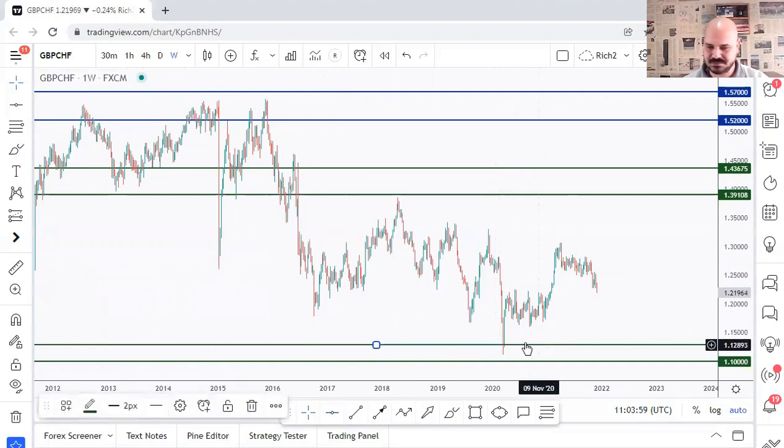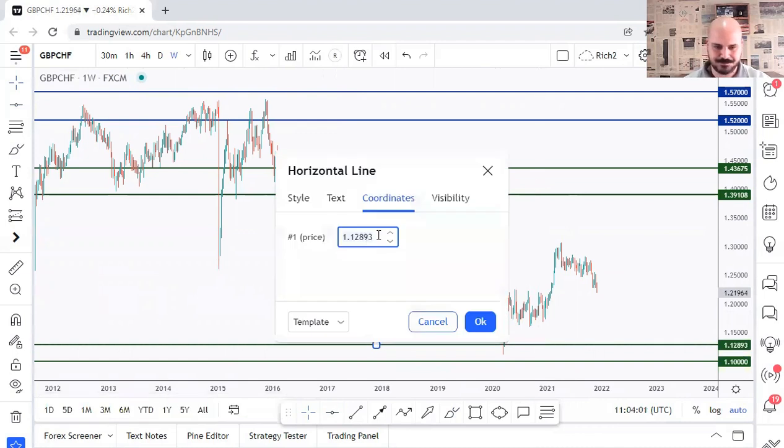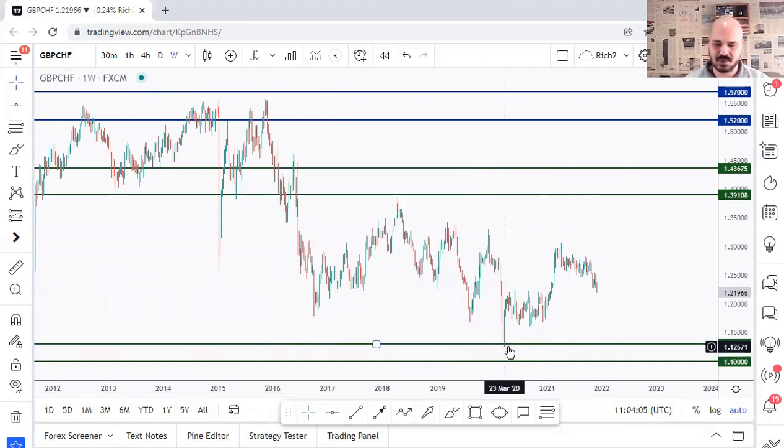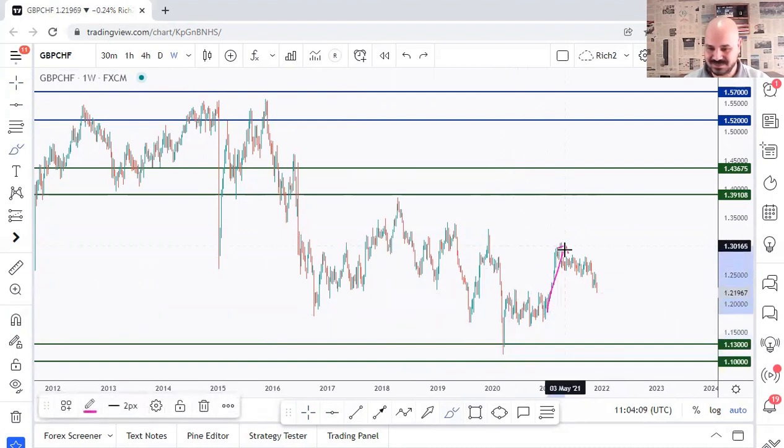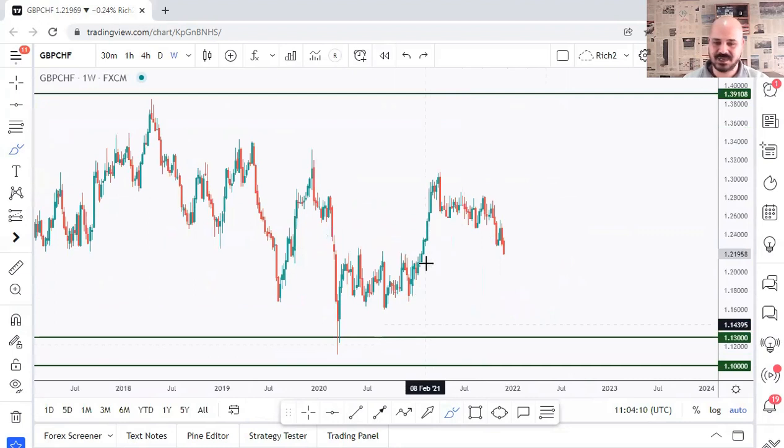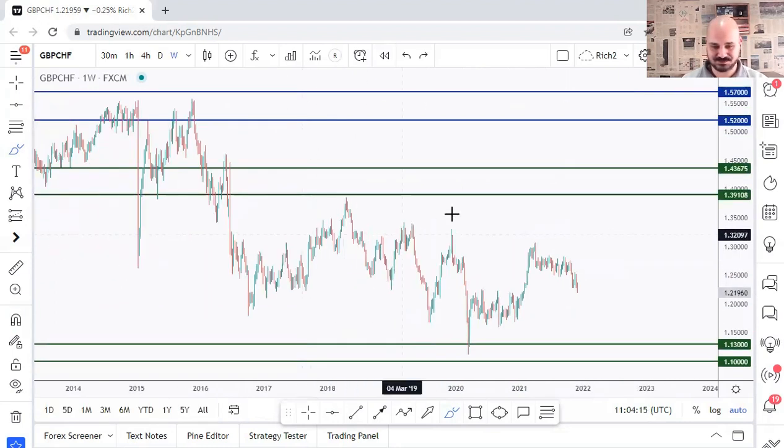I'll do it as a zone. And 1.3. So this is the entire all-time low, and it's also a demand zone which is still fresh. We also have a demand zone here which is still fresh. Anyway, we'll go for supply and demand zones in a bit. But for now, let's draw our support and resistance.